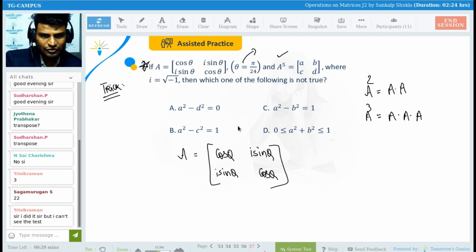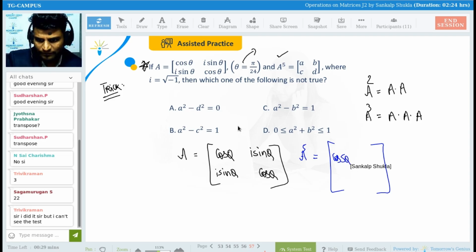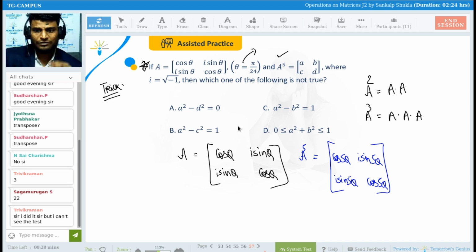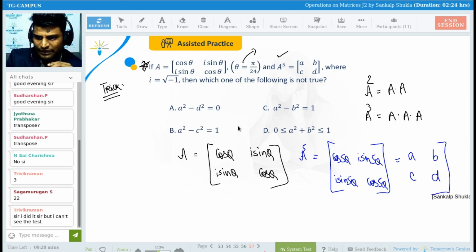So this brings me to A raised to the power 5 will equal [cos 5 theta, i sin 5 theta; i sin 5 theta, cos 5 theta]. Okay. Now this is [A B; C D].